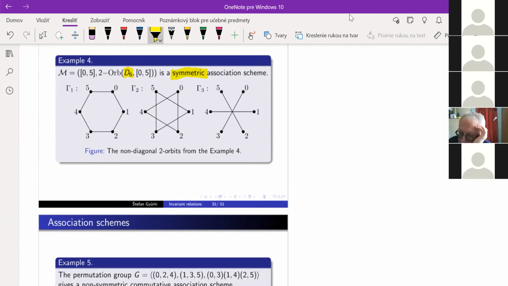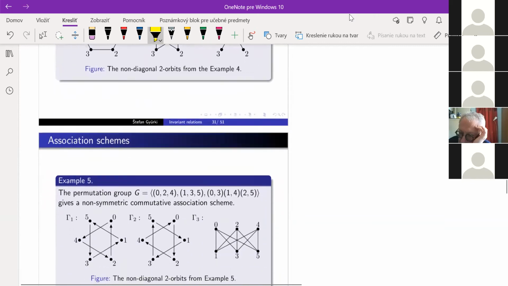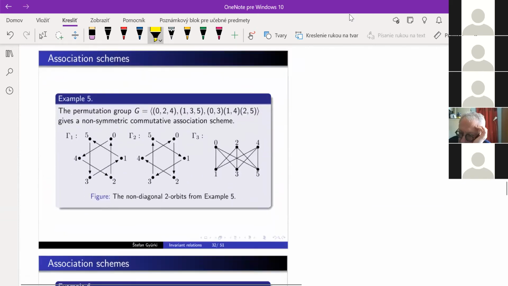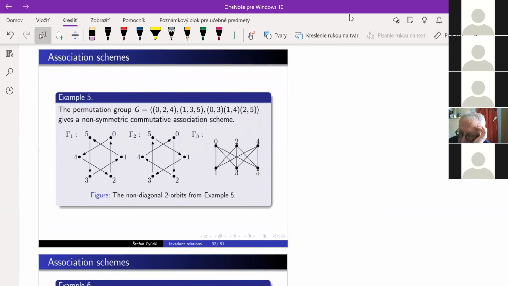So thanks to previous proposition, we know also that, of course, this symmetric association scheme will be also commutative. In the next example, we have a permutation group which is non-symmetric but still commutative.